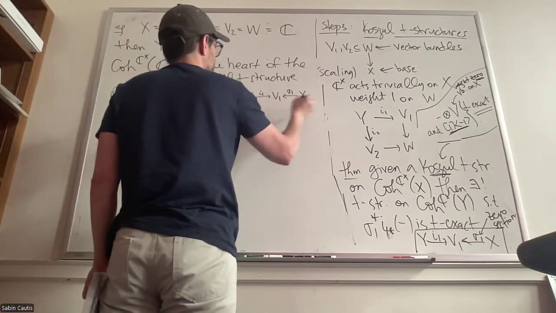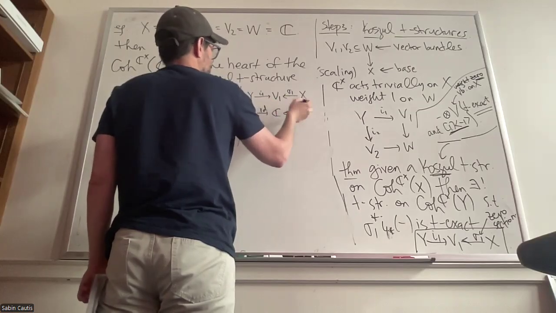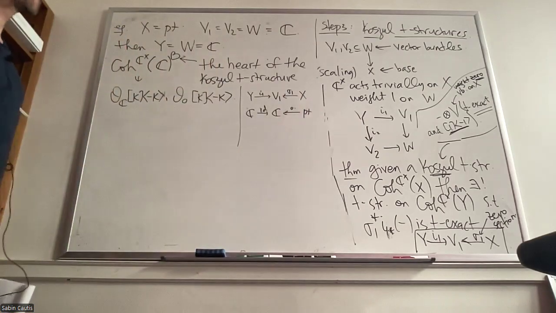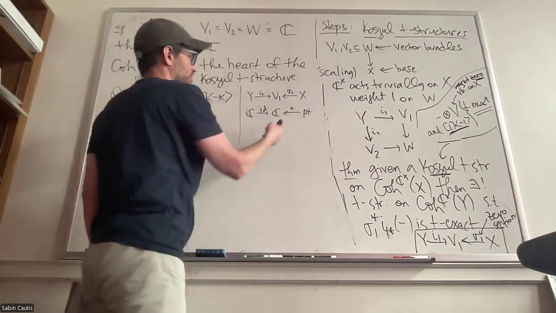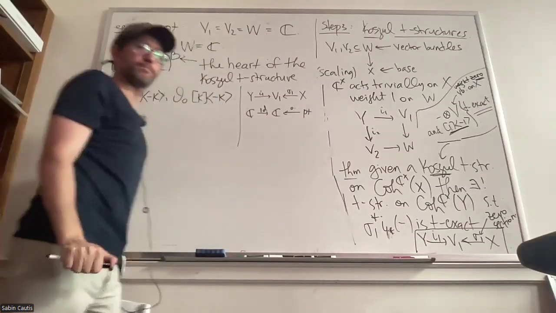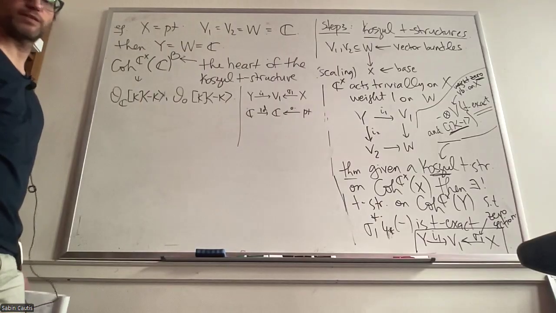So this is a point, this is C, this is C, this is the identity, and this is just 0. It's just a 0 section, right? So it's just the point going to 0.